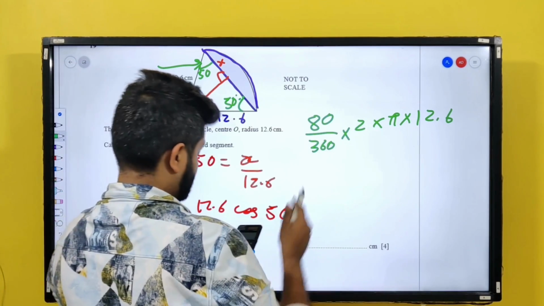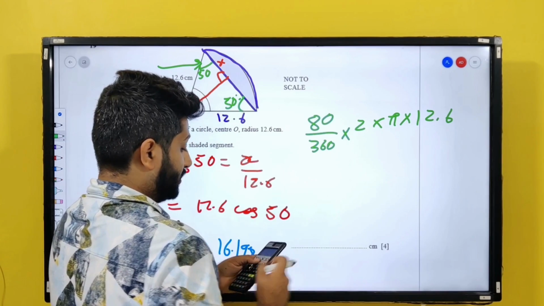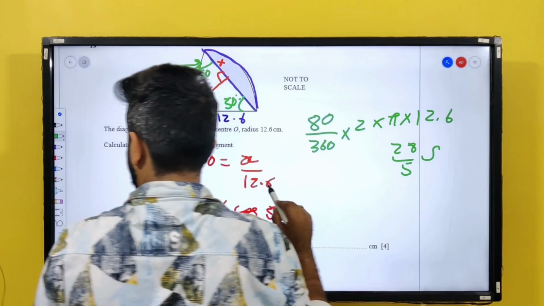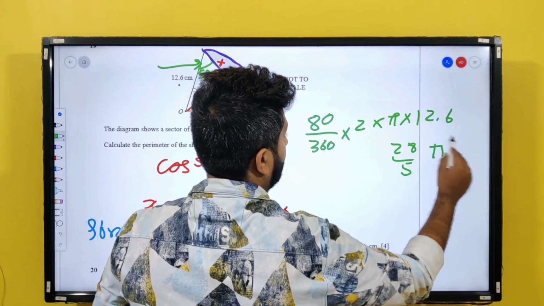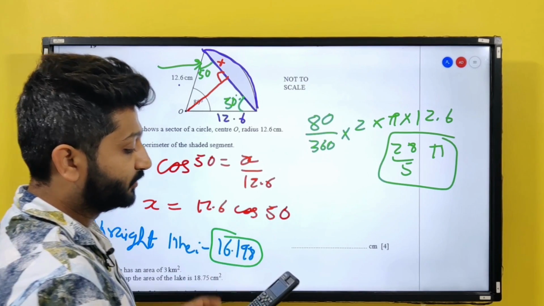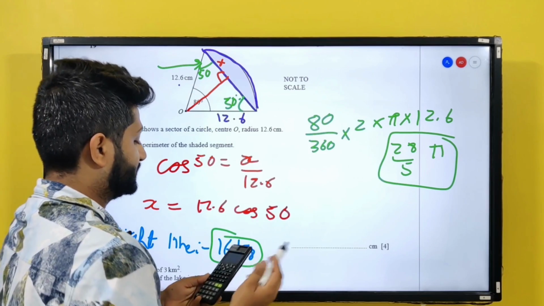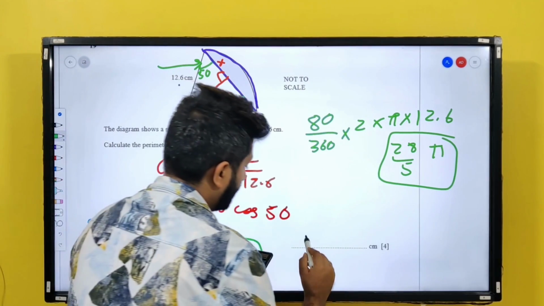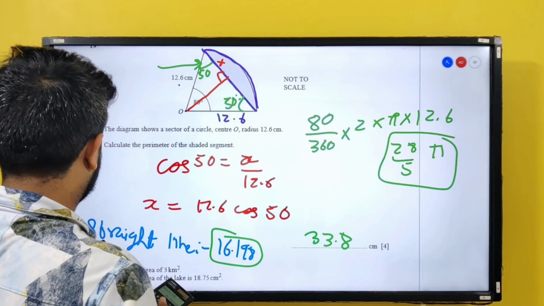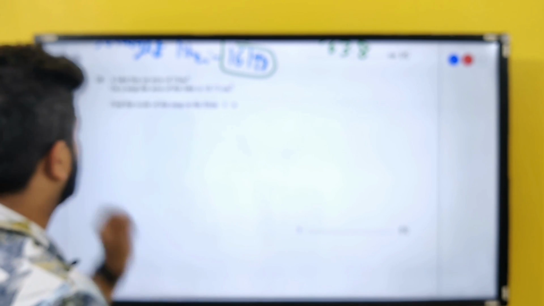So this is approximately 28 by 5 pi. This is my first answer. This is my second answer. Add both of them, plus 16.198. So my final answer is going to be 33.79 or 33.8 centimeter.